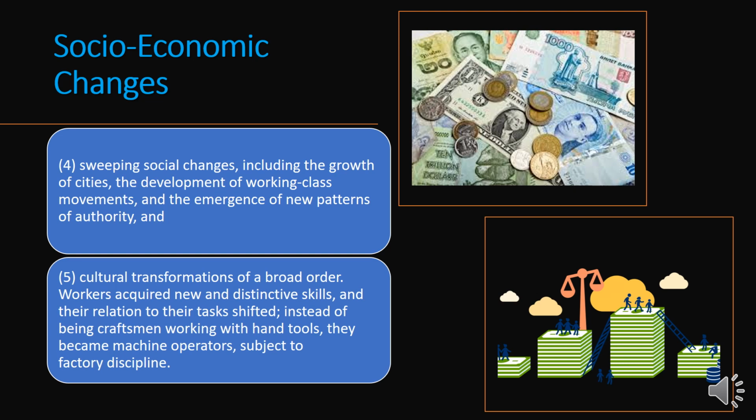Fourth, in the socioeconomic change are the sweeping social changes. Of course, this is the consequence of the vast amount of wealth shifting from the landowners towards the ones that run the industry. The money came down to the working class, and there was an emergence of new patterns of authority. So the experts in their fields are the ones in authority now.